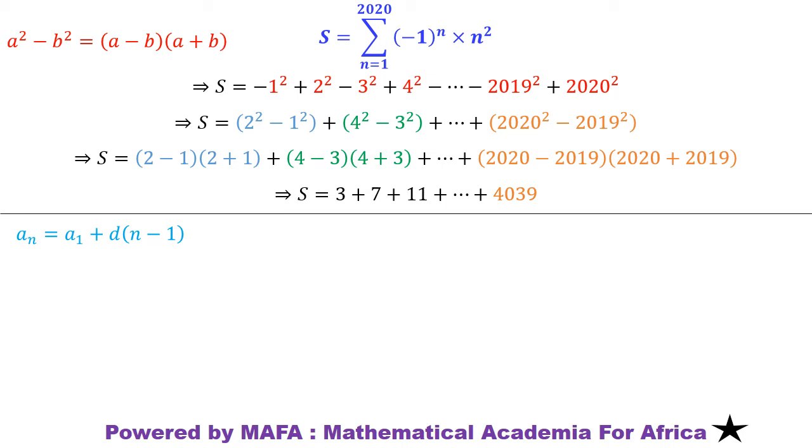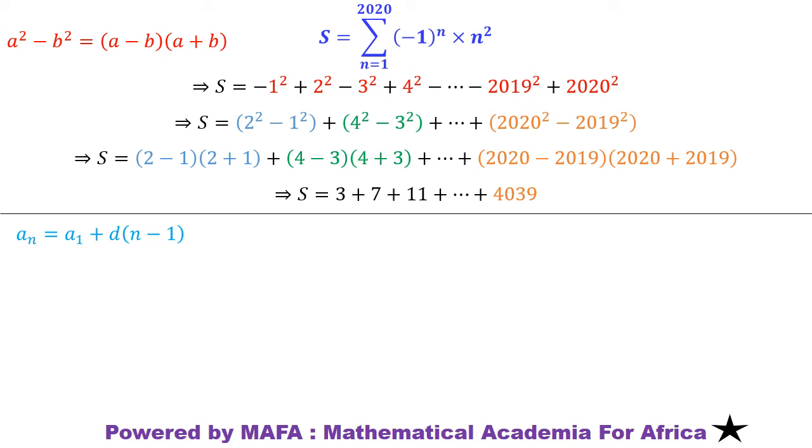Now we paired the terms, and since 2020 is even, we never left any term out. We paired all the terms that are involved. So simply the number of terms of the new sum is half of the number of terms of the original sum. So by default we have 1010 terms, but let's actually verify if that is true.